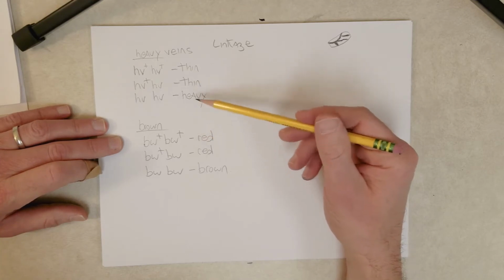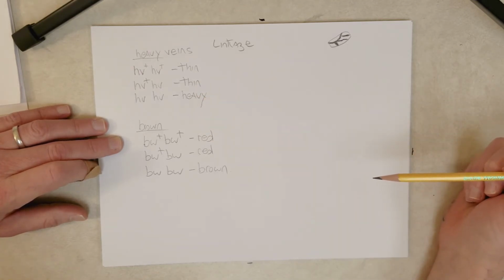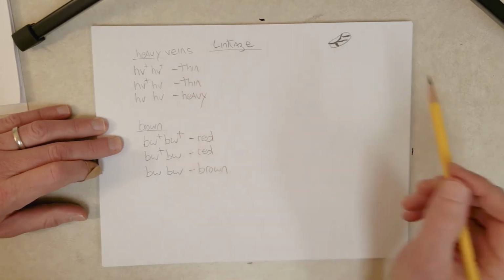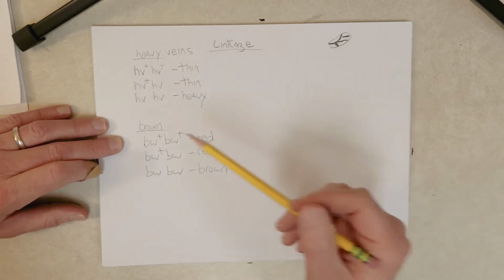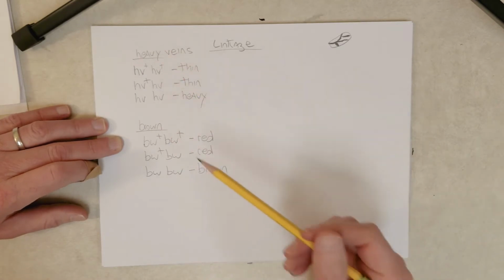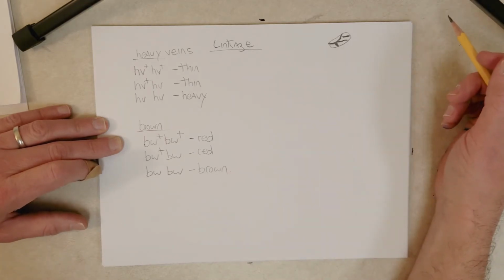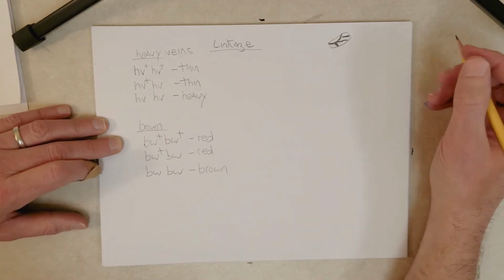These control different traits. So I just don't want you to get confused and think we're going back and talking about interaction between brown and heavy. No, these are different traits, but it's a good example for talking about linked genes that are close together on the same chromosome.